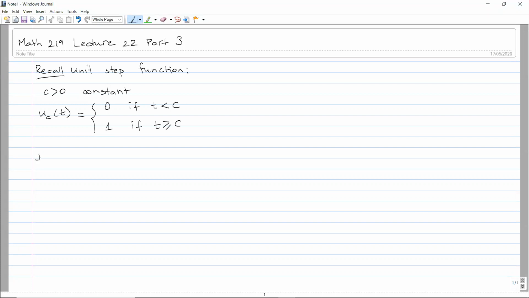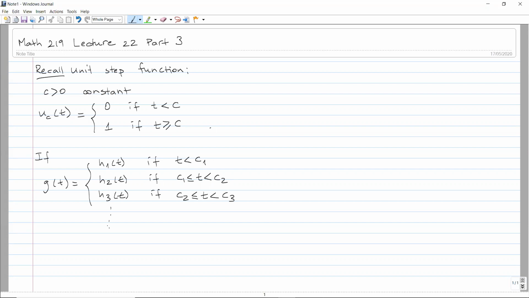And if we have a function g of t, which is, let's say, a function h1 if t is less than, say, c1, a function h2 if t is between c1 and c2, a function h3 if t is between c2 and c3, and it may be infinite.